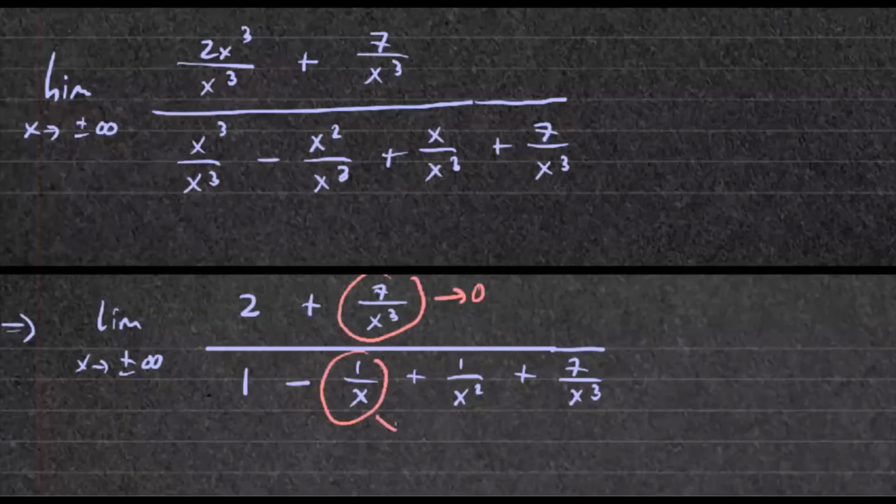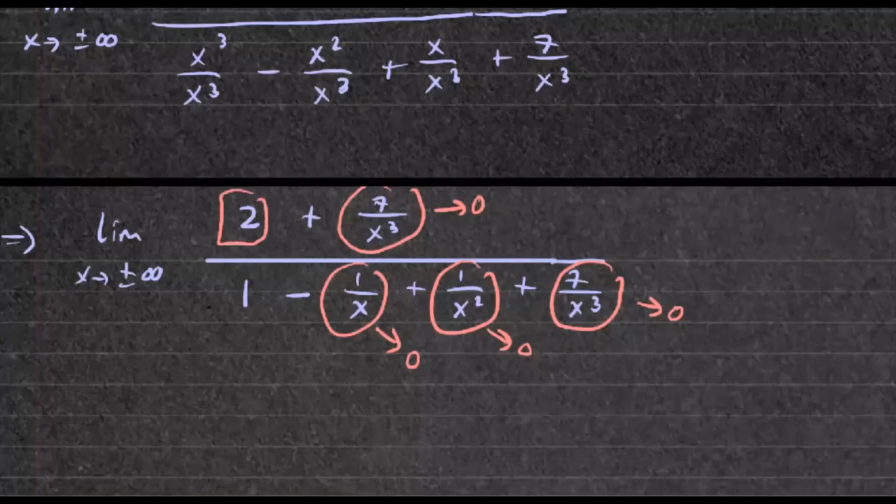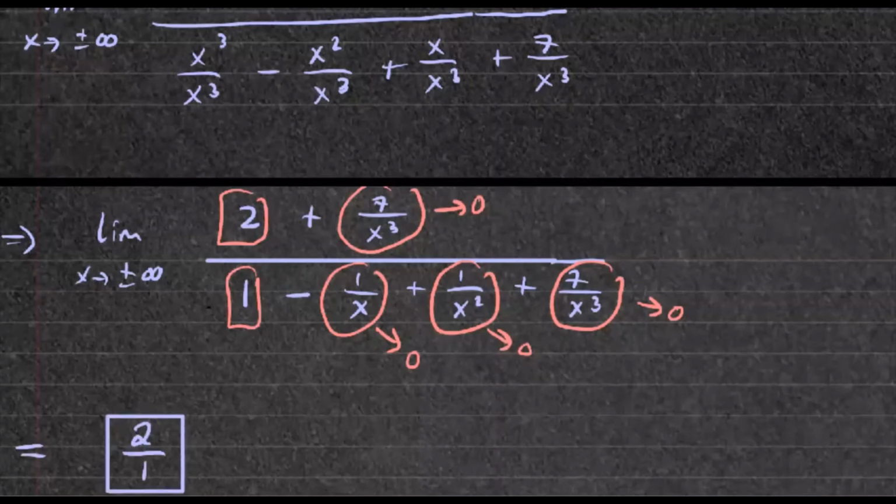This will also go to 0. This will also go to 0. And this will also go to 0. And the limit of the constant is just this constant right here. So therefore, the limit of this function is simply 2 over 1, or we can say 2. So our horizontal asymptote is this number, y equals 2.